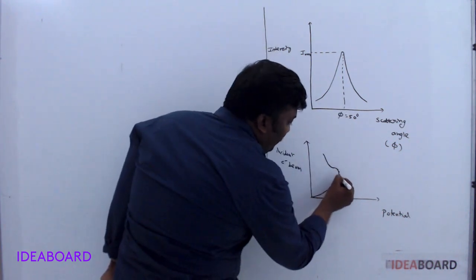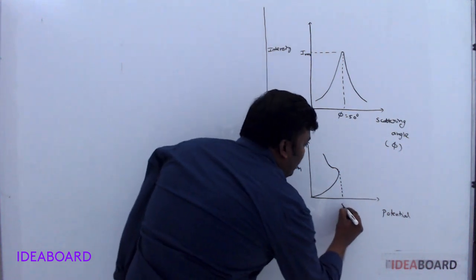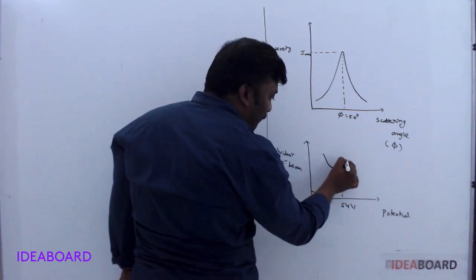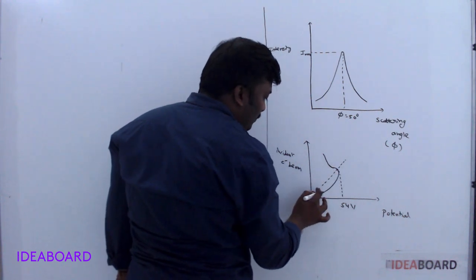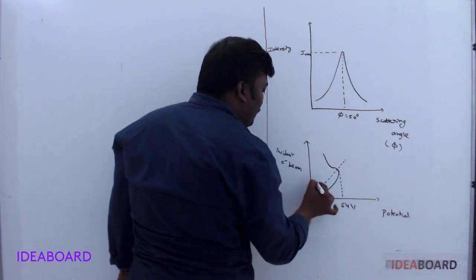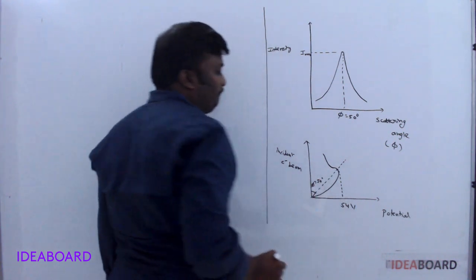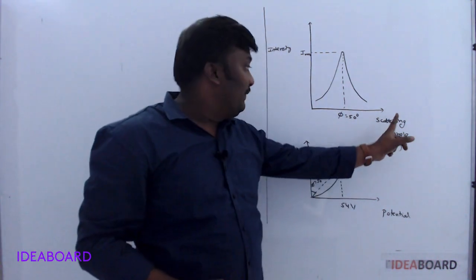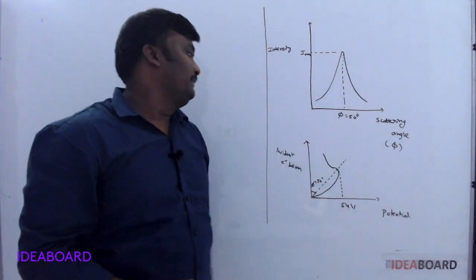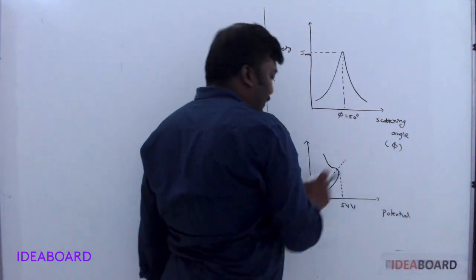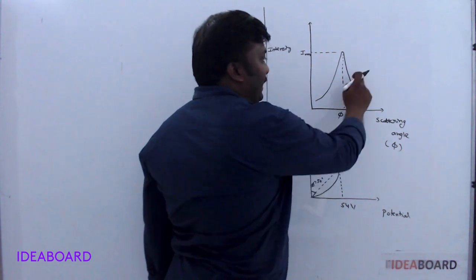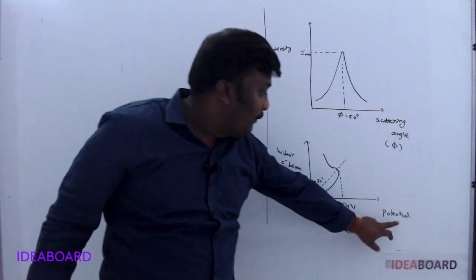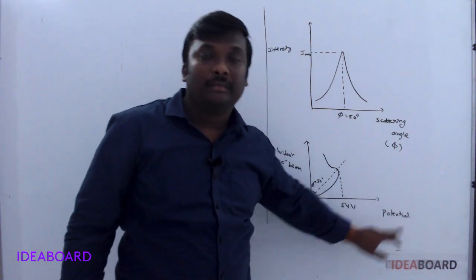So there is one bump coming at a particular voltage, 54 volts, and the angle of the bump is phi equal to 50 degrees. So this is the graph between the potential and the incident beam. Here is the graph between the scattered angle and the intensity. This is also at a 50 degree angle, same. It is at 54 volts, here also 54 volts, but this graph is drawn against potential.